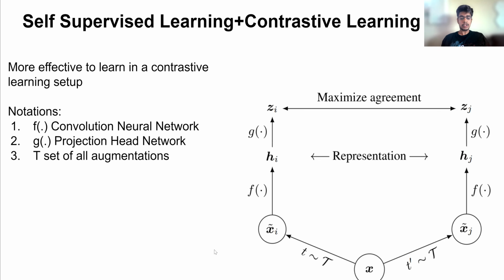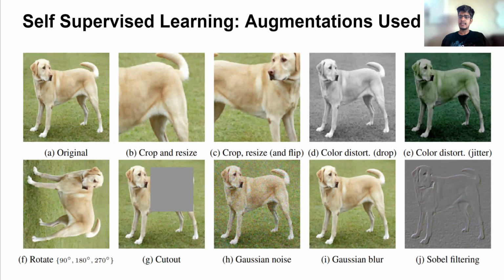You become agnostic to certain disturbances in your entire data set. And now if you fine-tune this model on a very small subset of labeled data, this model performs really well.